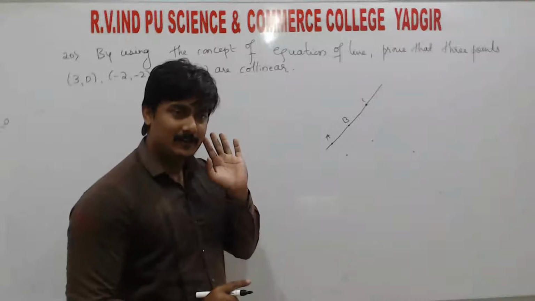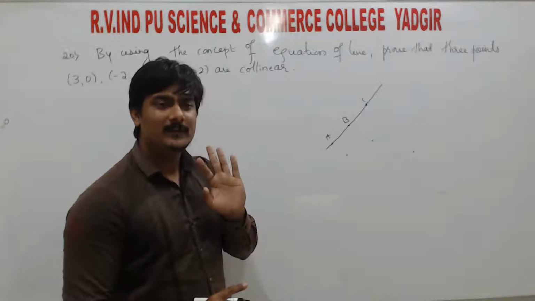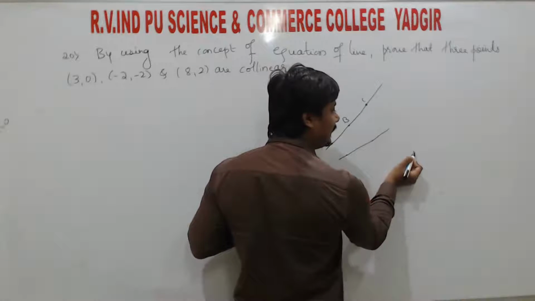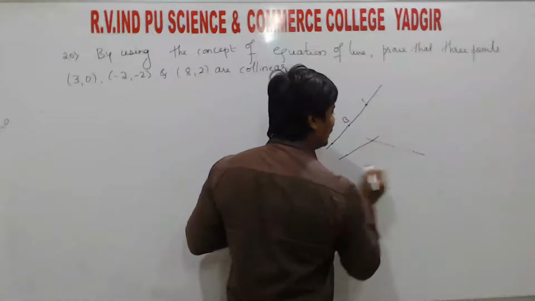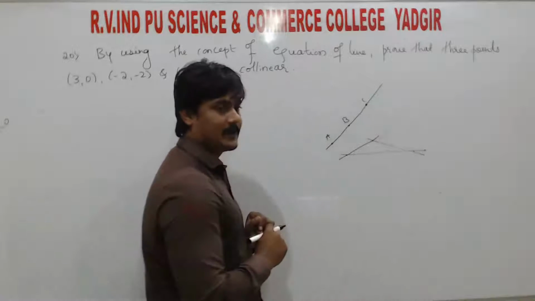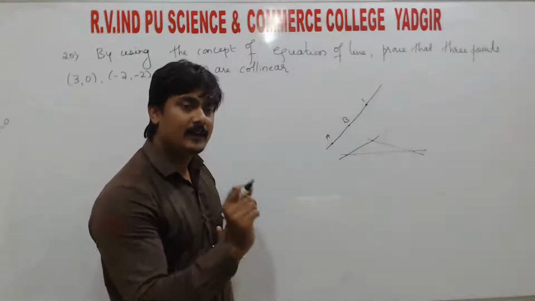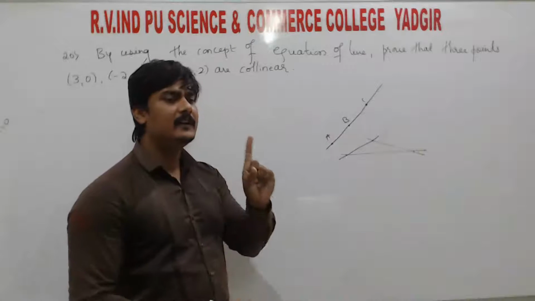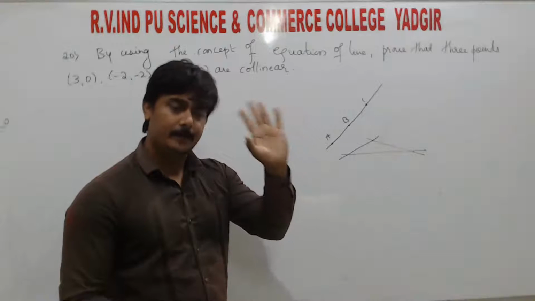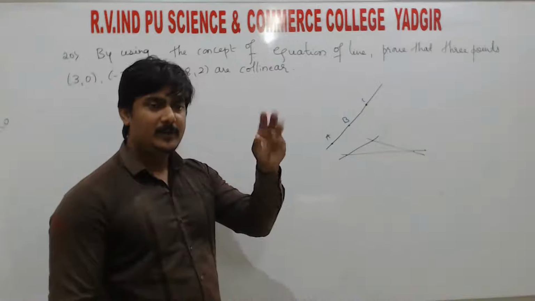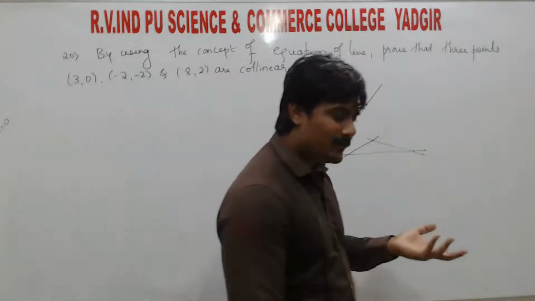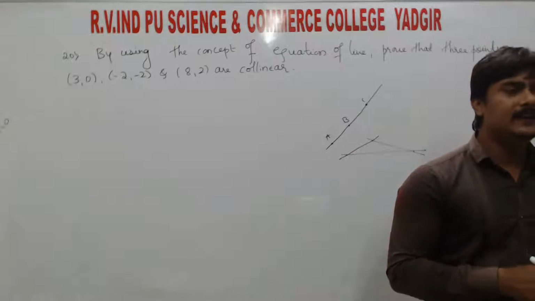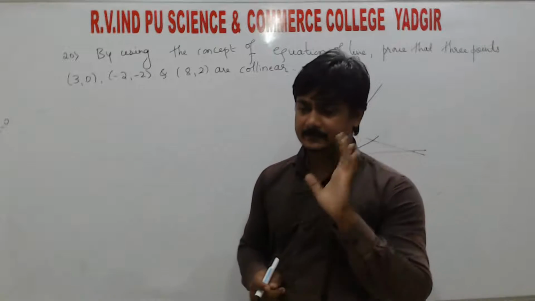It is not possible. You can only connect 2 points at a time using a single straight line. You can connect like this, but this line does not connect that point. Right? So if 3 points are collinear, we can connect all those points using a single straight line. Is that clear? What do we mean by points as collinear? 3 or more points are said to be collinear if all those points can be connected using a single straight line.